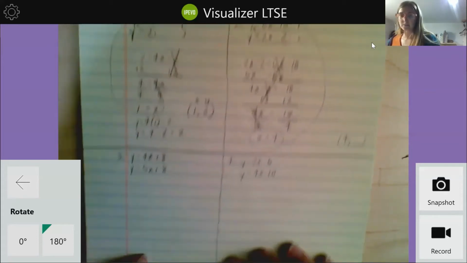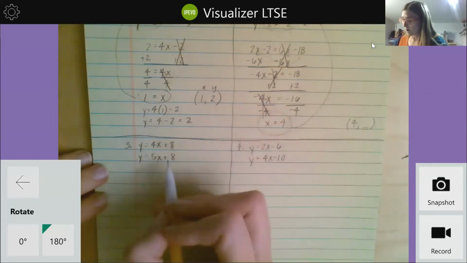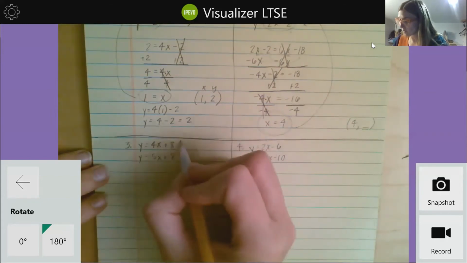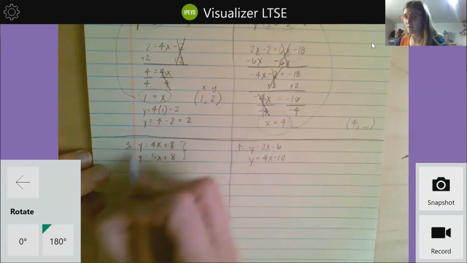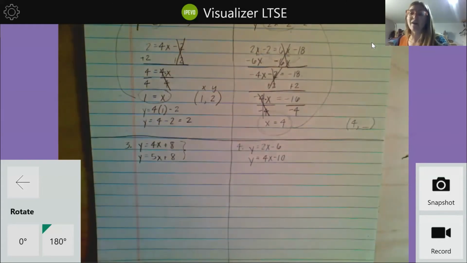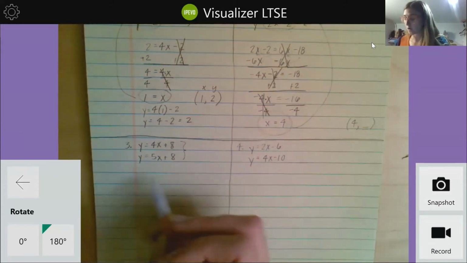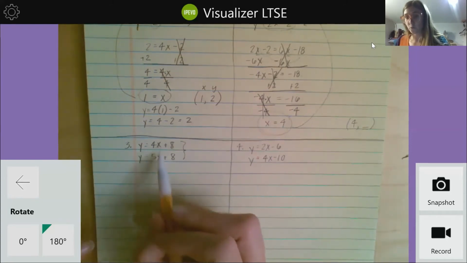Let's set up this next one, and then I'm going to leave you to do the rest. So I have, again, 2 equations. This is my system of equations. I want to find the value of x and y, the value of my variables, that's going to make both equations true.